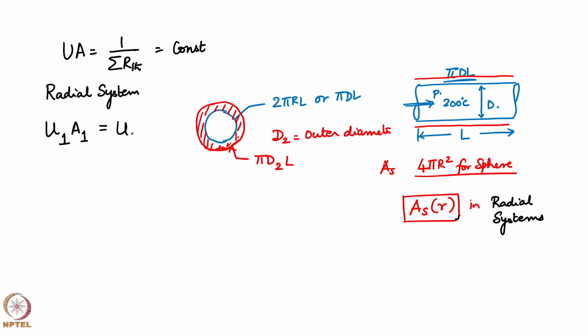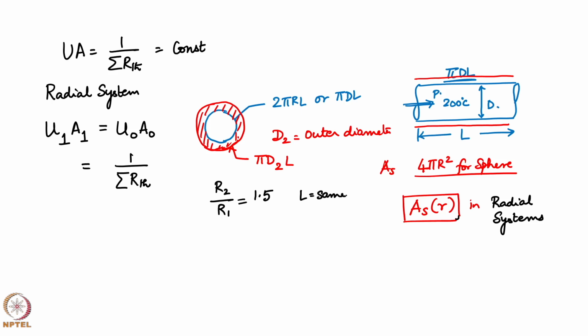If I base it on the outer area, A0, but both of them are equal to reciprocal of the thermal resistance. Okay. So, let us say R2 by R1 is equal to 1.5. L is the same.